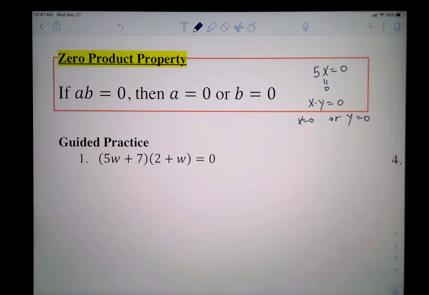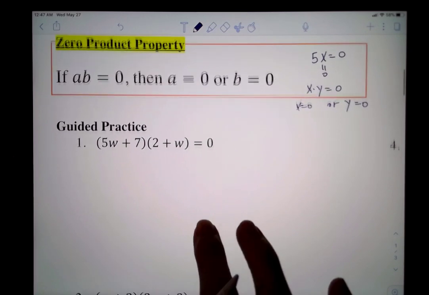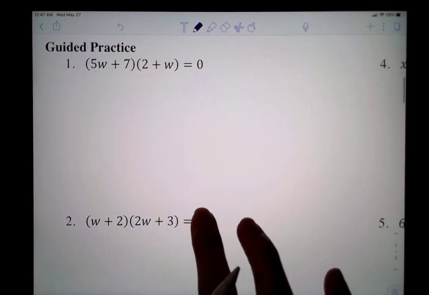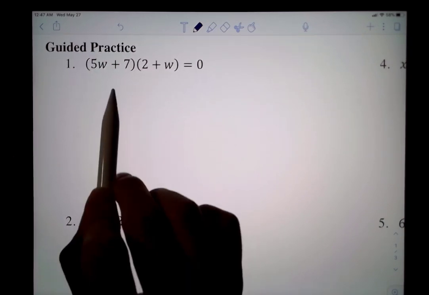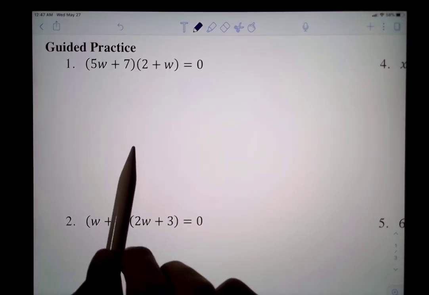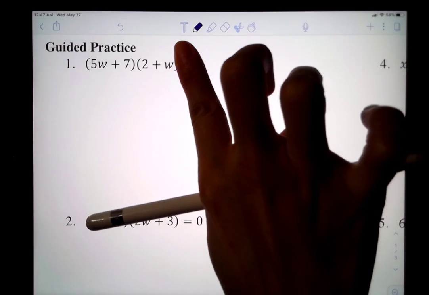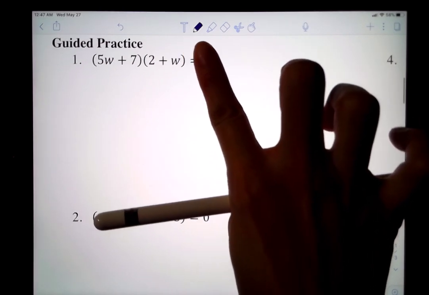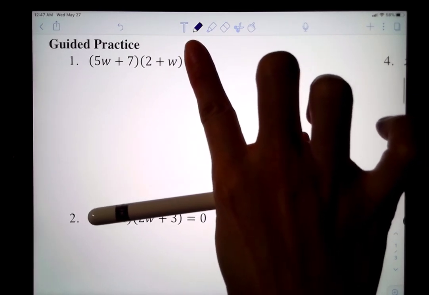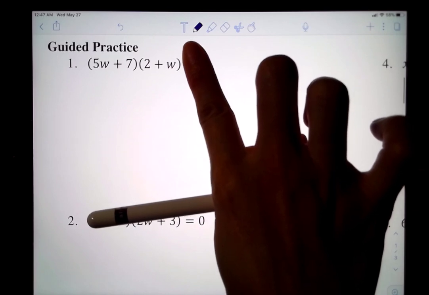Like every day you will solve a little more complicated problem. Okay? So look at this, guided practice number 1. I have this thing in factored form, but the difference is so far we just did this factoring without equals 0. There was no equal sign, right?